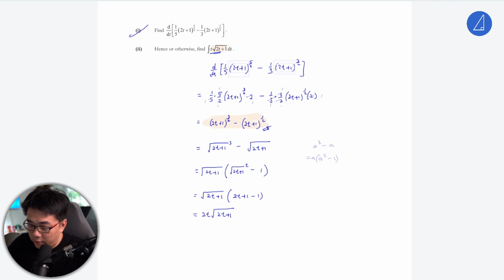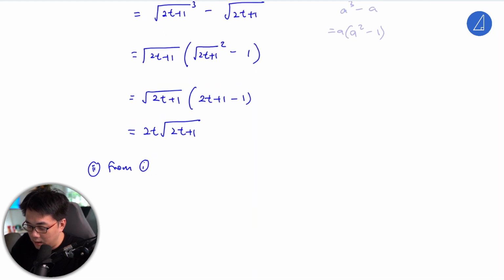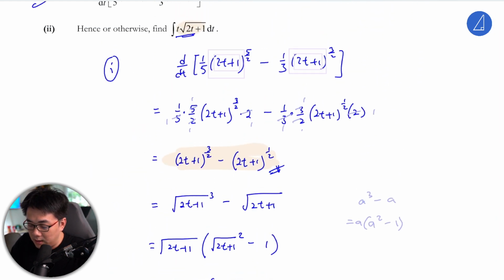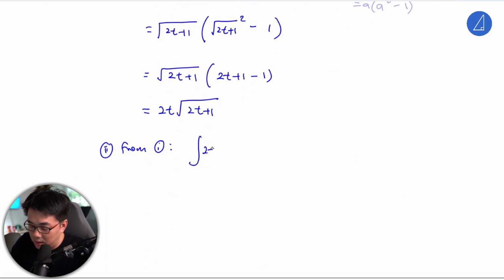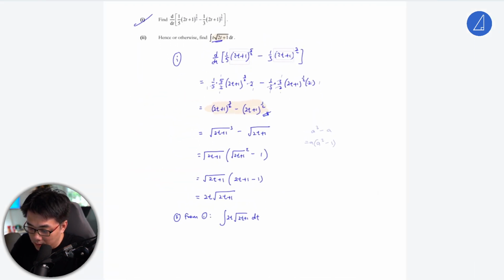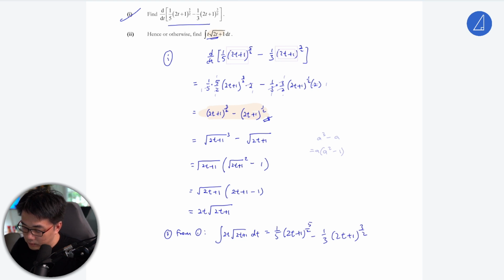So we know from 1 that differentiating this would give us this. Meaning to say, integrating 2t plus 1 dt would just be that whole thing there: 1/5 (2t + 1)^(5/2) minus 1/3 (2t + 1)^(3/2).